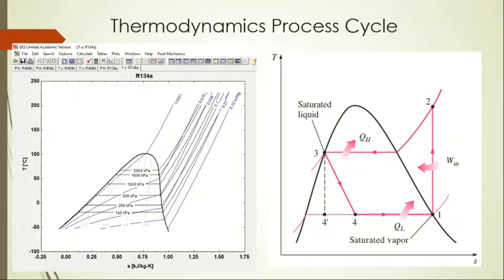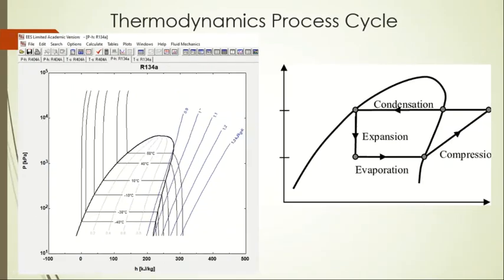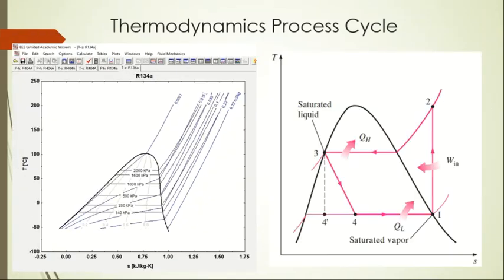One is the TS diagram, and the second is the PH diagram. So if we talk about the TS diagram, why it is very important: if you see here, this is your operation line. After the evaporator, the refrigerant enters the compressor, where work is done on the system by compressing the refrigerant.